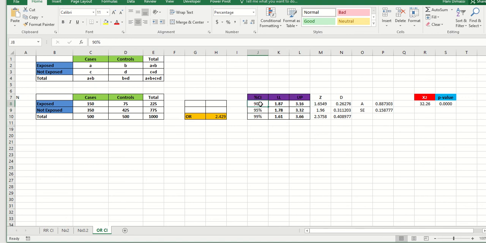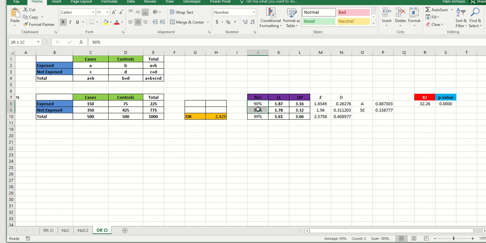So 90% confidence interval, 95 and 99. Sure enough, as you're going from 90 to 95 to 99, what is supposed to happen to your confidence interval? It's supposed to grow wider and wider. And therefore, you start off with a confidence interval of 1.87 to 3.16. It grows to 1.78 to 3.32, and it goes even wider to 1.61 to 3.66.